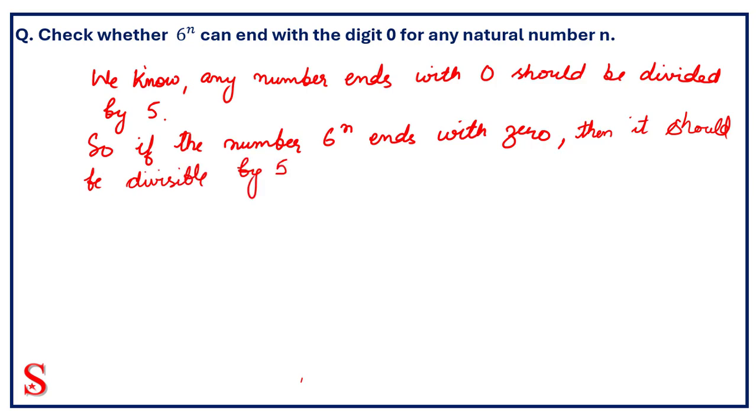So here we'll find out the factors of 6n. Factors of 6n would be 2 and 3, right? And since there is no 5 in the factors of 6n, that means it can't end with digit 0.